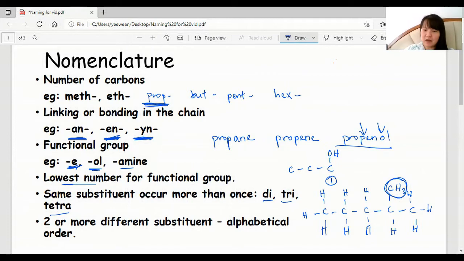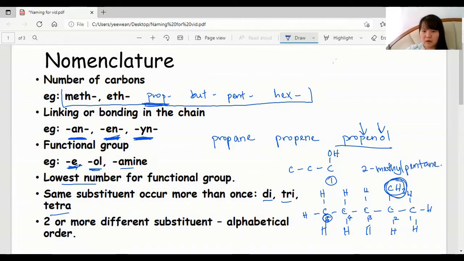So in this case, 2 is having the CH3, and how do I name that CH3? CH3 would be an alkyl group, so we follow this way as well for the alkyl groups. It could be methyl, ethyl, propyl, so it goes the same way as our methane, ethane, propane, butane. So this would be 2-methyl, and 1, 2, 3, 4, 5 pentane, because it's all single bonds, so I know that it's saturated.